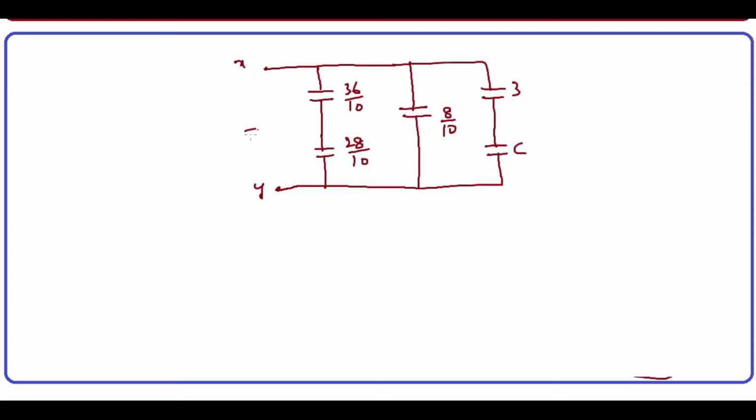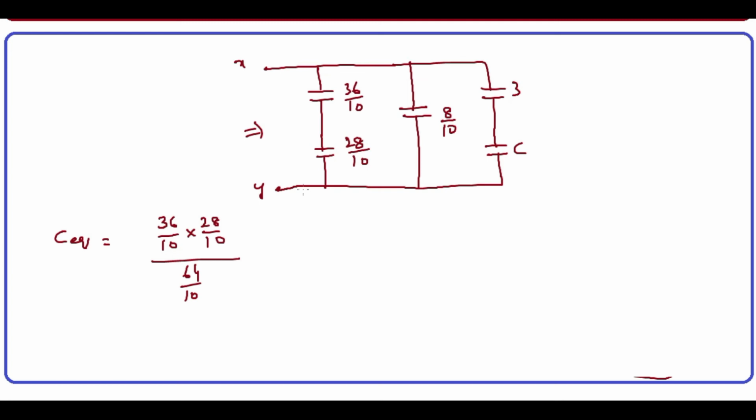Now we need to find the equivalent capacitance. So let me write it directly. These two are in series, so it will be 36 by 10 into 28 by 10 divided by 36 plus 28, it should be 64 by 10.